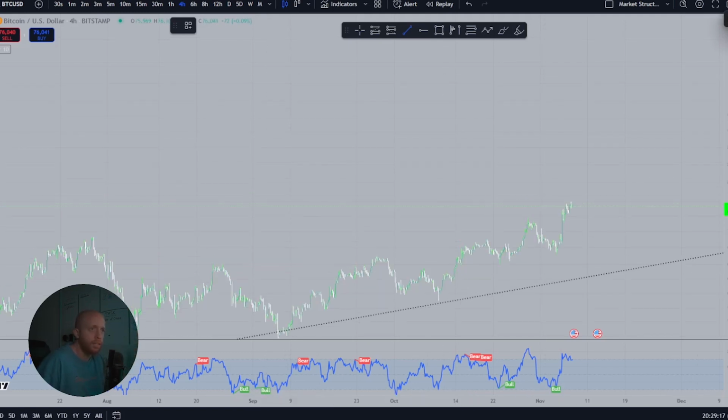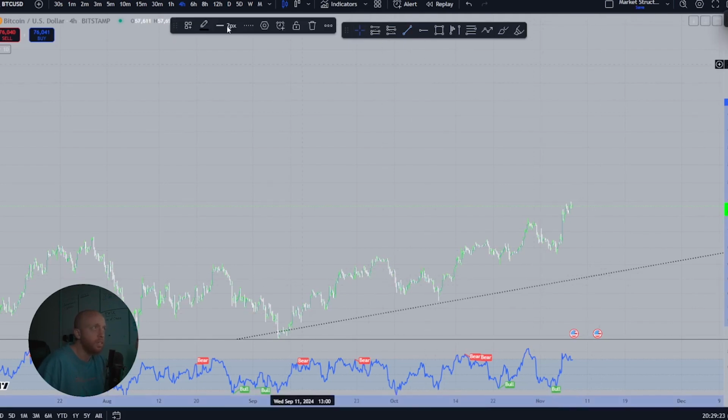So sometimes what I will do is turn this bigger. I know this one was from the daily time frame. That's it for trend lines. The point of trend lines is just determining market direction, okay? That way you're not freaking out if we went down 2%.